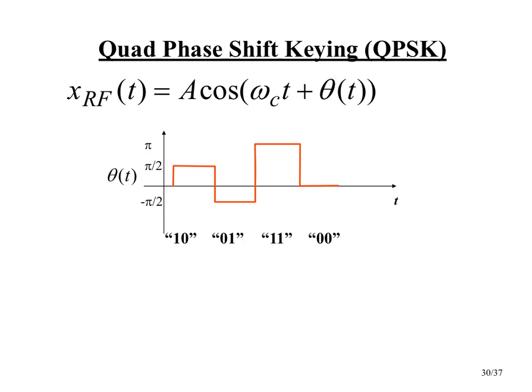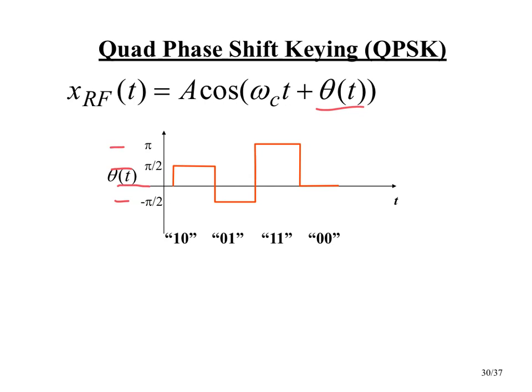Let's think about quadrature phase shift keying. Again, we'll keep this simple so that everything is perfect with phase alignments. In that case, theta of t is just going to jump between 4 values: minus pi over 2, 0, pi over 2, and pi. So we've got this value, this value, this value, and this value.